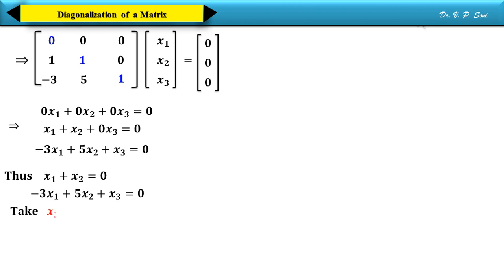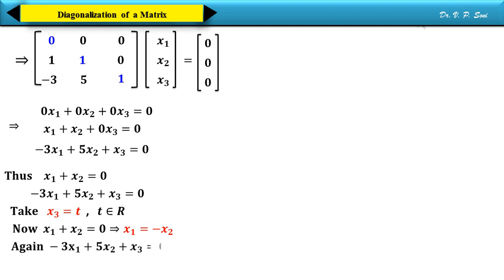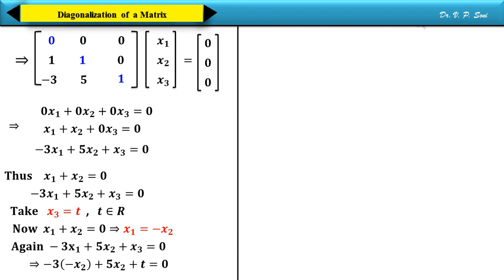Therefore take last variable x3 equal to t, where t belongs to R. Now from first equation x1 plus x2 equal to 0, this implies x1 equal to minus x2. Now again from the second equation minus 3x1 plus 5x2 plus x3 equal to 0, put x1 equal to minus x2 and x3 equal to t, then we get minus 3 into minus x2 plus 5 into x2 plus t equal to 0.